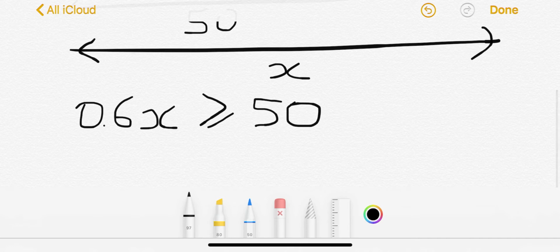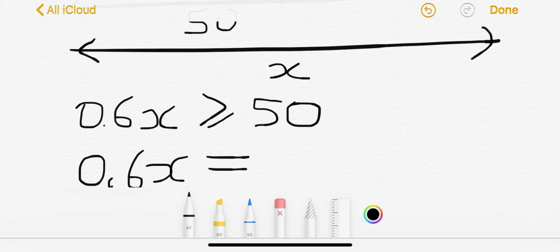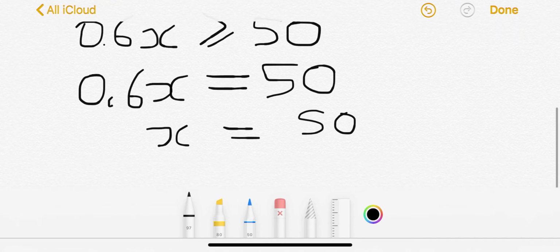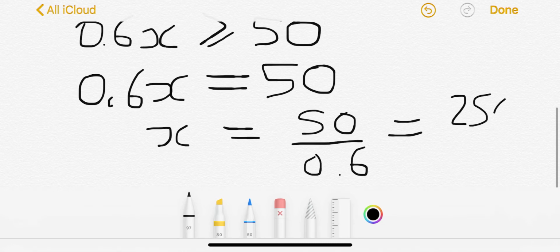We want 60% of this distance, ignoring air resistance, to equal 50. So the safe distance ignoring air resistance is x equals 50 divided by 0.6, which is 250 over 3.